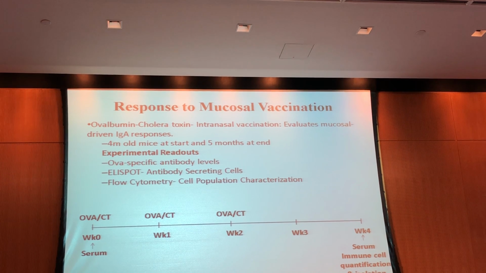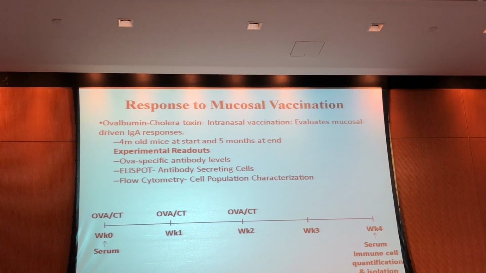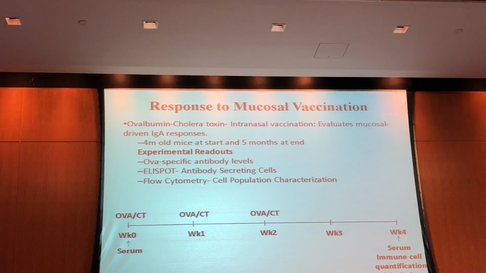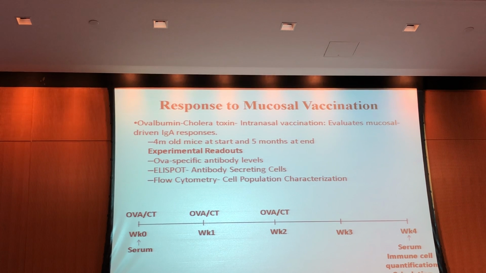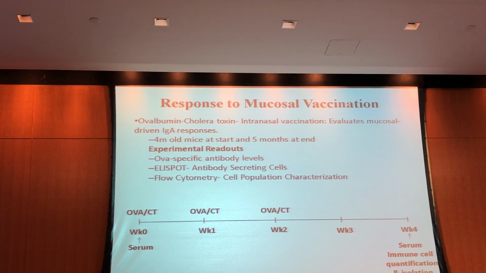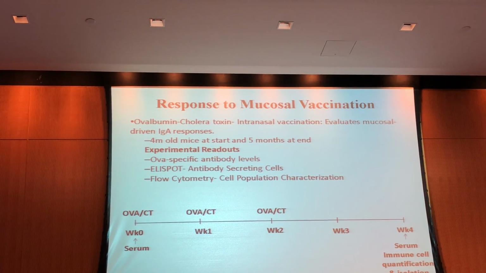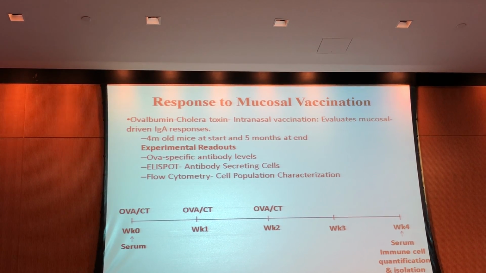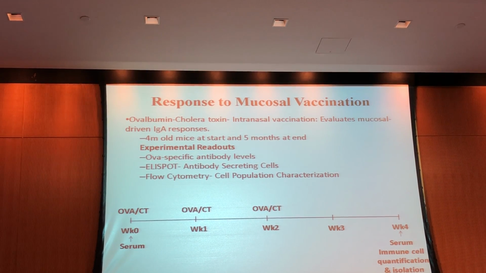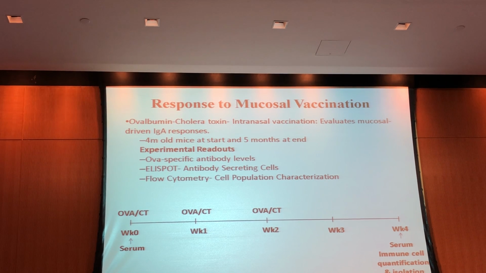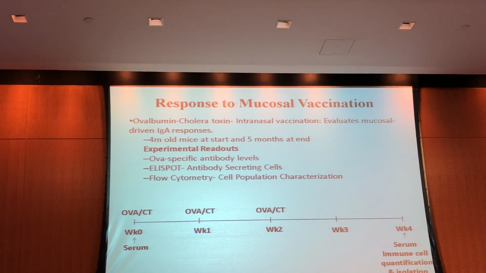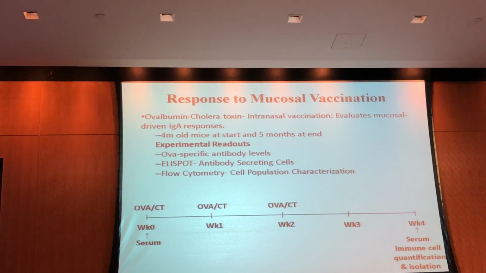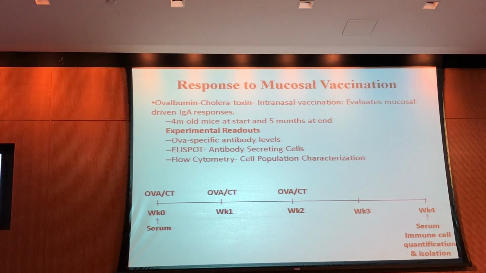To better understand how these mice respond to a challenge of their immune system where they're supposed to make IgA against a particular target, we utilized the ova cholera toxin model. This is where you take a protein called ova, one of the major proteins found in egg, and combine it with another protein called cholera toxin, which pushes the B cells to become IgA-producing memory cells and plasma cells.